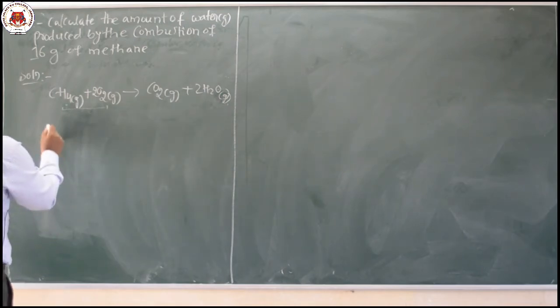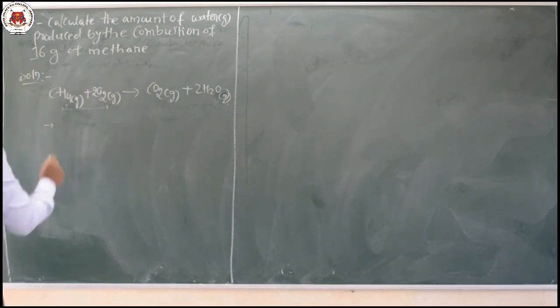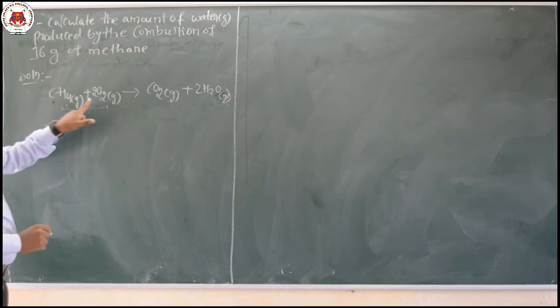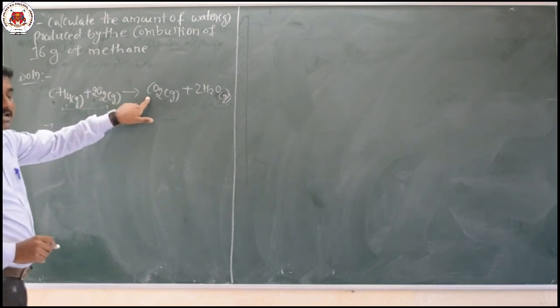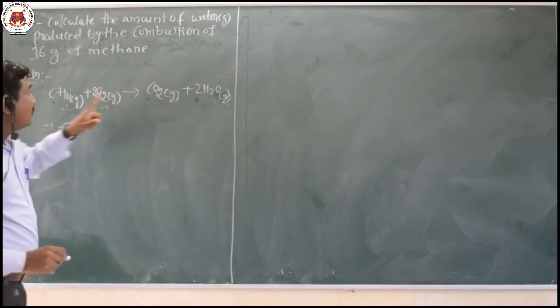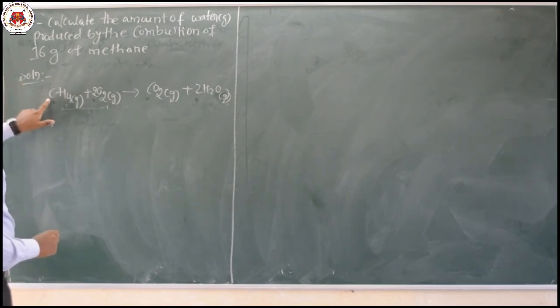Here it is 1 mole of methane, and this is 2 moles of oxygen. Again 1 mole carbon dioxide, 2 moles water molecule. Now 1 mole of methane gives 2 moles of water molecule.